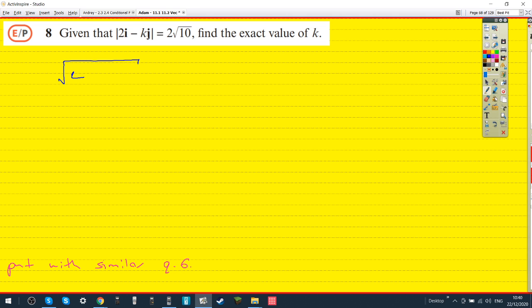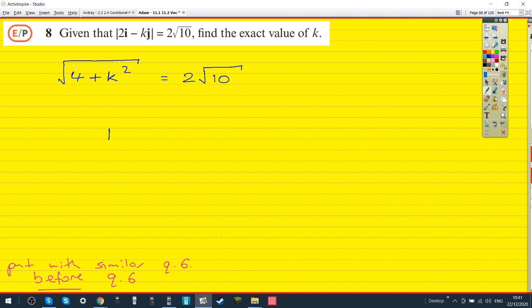Yeah. It's k equals 6. Are there 2 possible values?